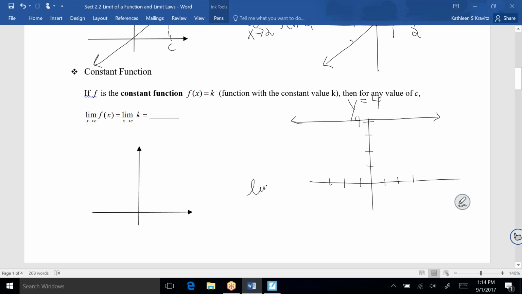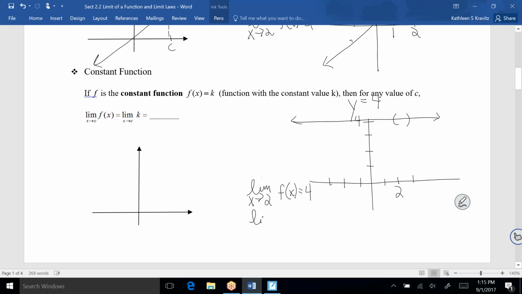For example, we can say the limit as x approaches some value c. Let's say c is equal to 2. It doesn't matter. And this is our function f of x. So as x approaches 2, let's say it's approaching 2 right here, what is our y value? You can see our y value is going to be 4.